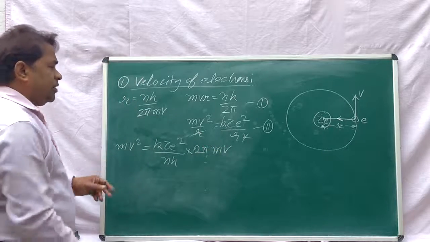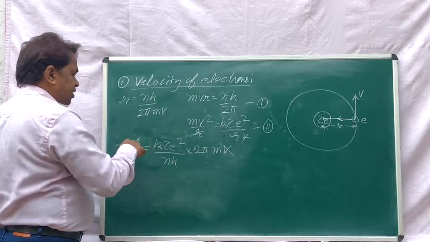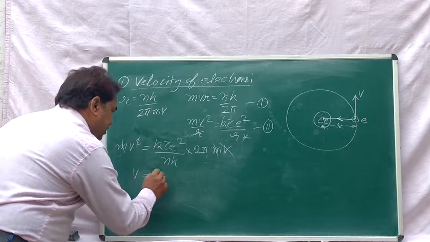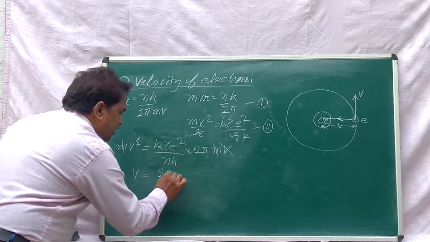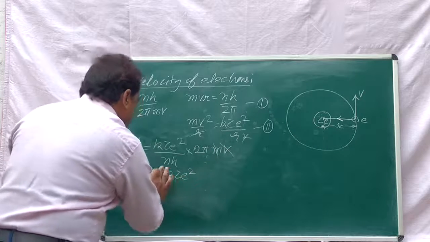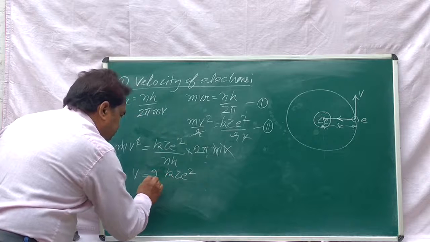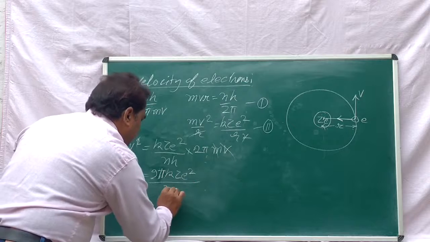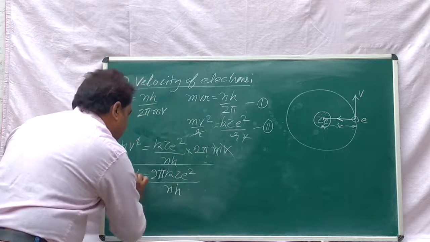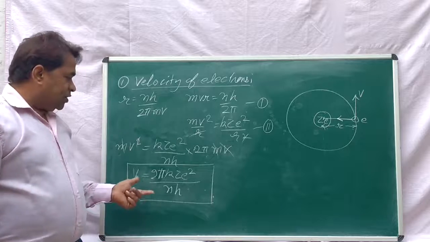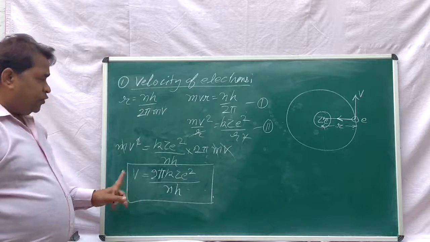Now we can cancel out the velocity, and the mass is also cancelled. So finally the formula for velocity becomes 2 pi k ze square upon nh. So finally we get the formula for the velocity of revolving electrons.